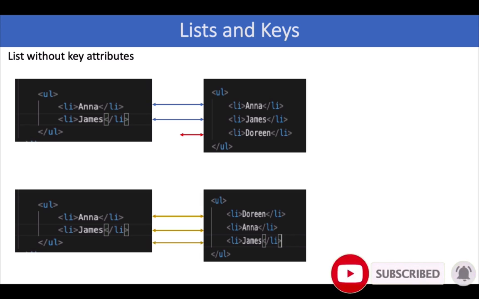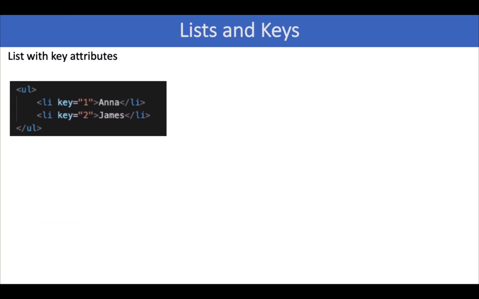So let's dive in and see the listing with the key attribute. When children have keys, React uses the key to match the children in the original tree with the children in the subsequent tree.